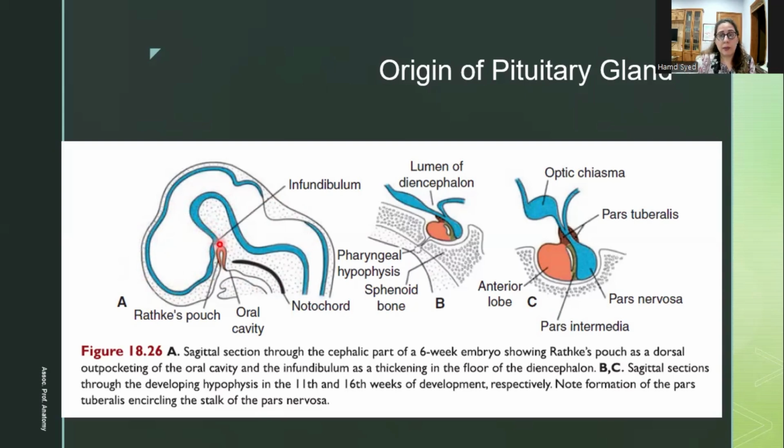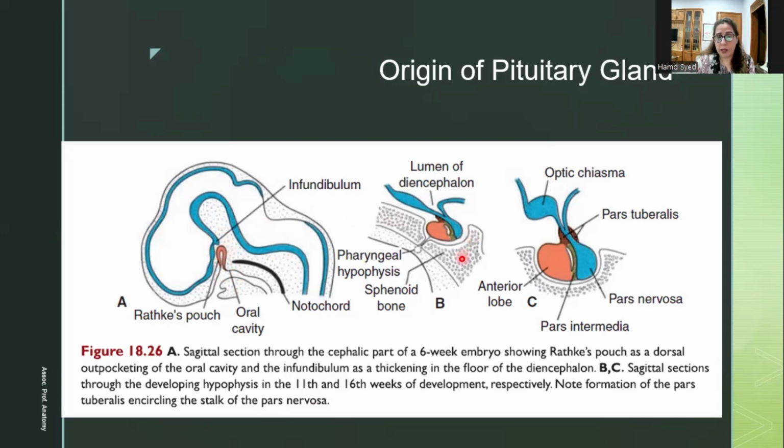Now remember, it is lined by neuroectoderm, and it is going to form a portion of the pituitary gland, whereas the area which is reddish or orange in color represents the part of the pituitary gland that is derived as an outpocketing or an extension of the primitive oral cavity, that is the stomodium. So this is going to be lined by ectoderm. These are the two different embryological sources of the pituitary gland.